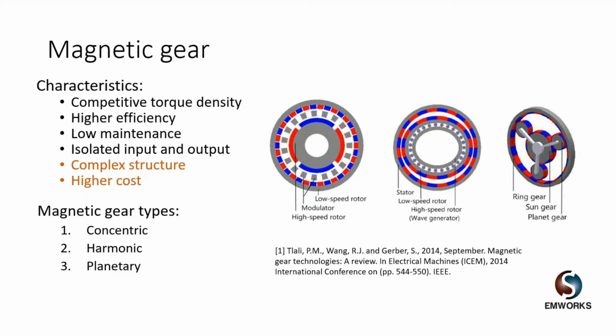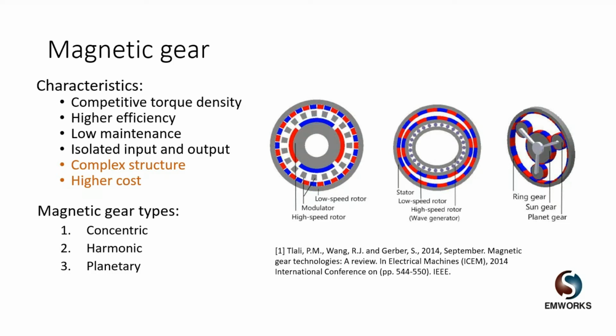On this slide, we have 3 different types, some of the most common magnetic gear types. Going from left to right are concentric, harmonic, and planetary magnetic gearboxes. The planetary gearbox is pretty densely packed with torque. It offers the advantage of high torque density and 2-stage transmission, but as you can see, it's difficult to hold all these rotating magnets in place and to make sure that everything is properly aligned.